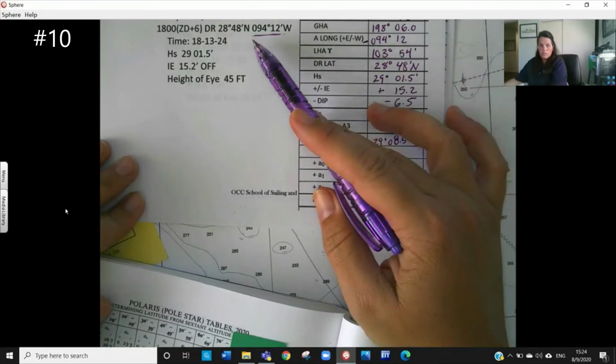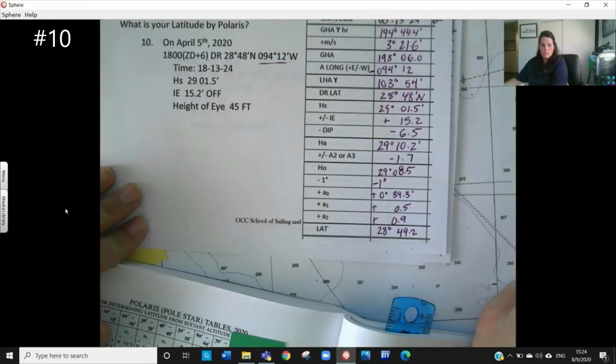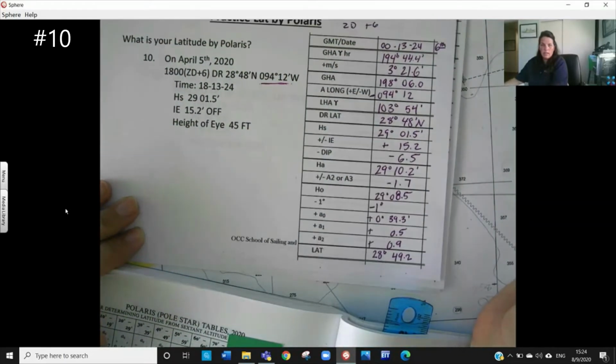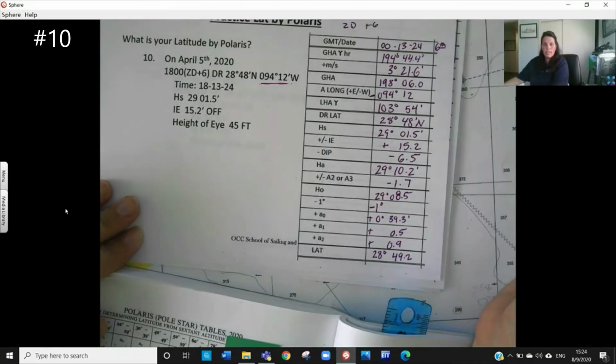Pretty close to our DR. And that was our sight reduction for number 10.